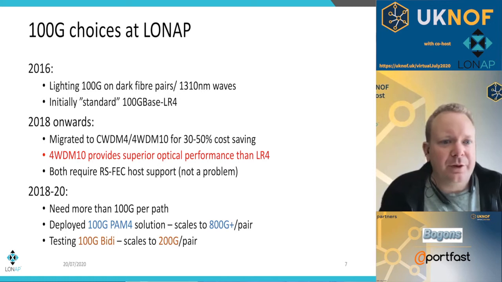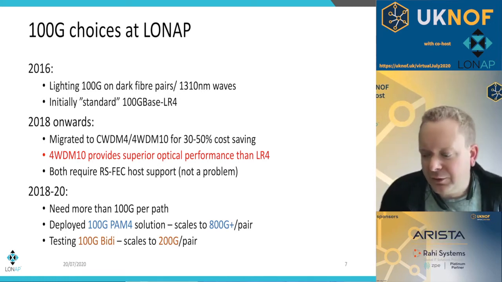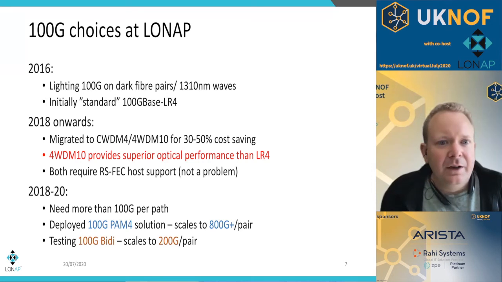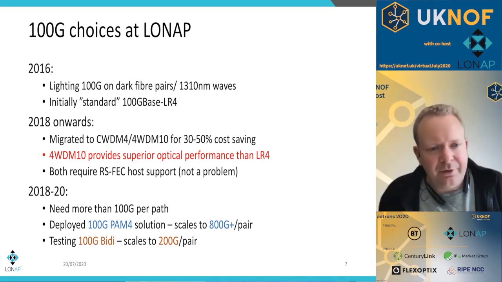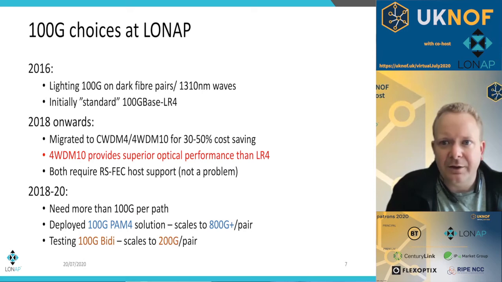As we got into sort of 2018 onwards, we started to need more than 100 gig per path, and I don't really like to commit to more OPEX. So yeah, how do we light more out of a fiber? So we ended up deploying a 100 gig PAM4 solution, which I'll talk about in a minute, and also 100 gig BiDi we've been testing.